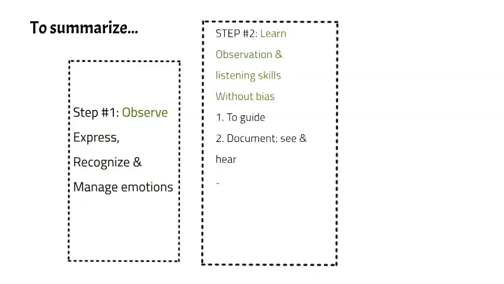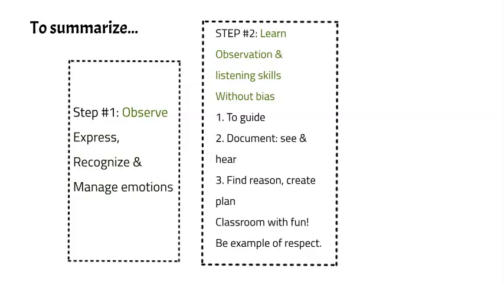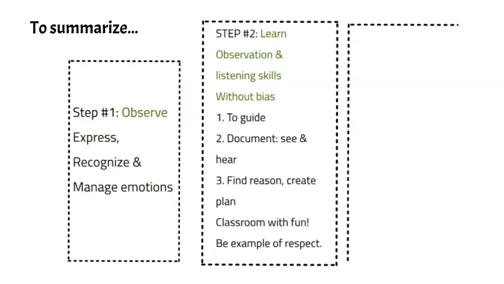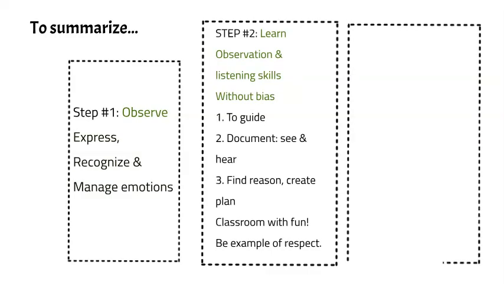Finally, step number 3: implement daily strategies. Apologize. Yes, kids learn directly by observing us. Strategy number 2: use good manners. Just another opportunity to show through our example. Strategy number 3: play with the kids. Have fun.